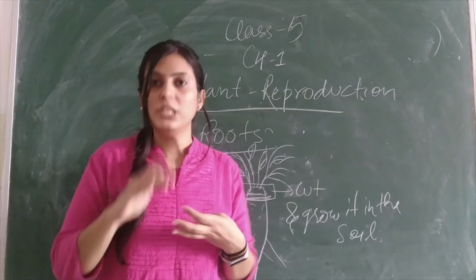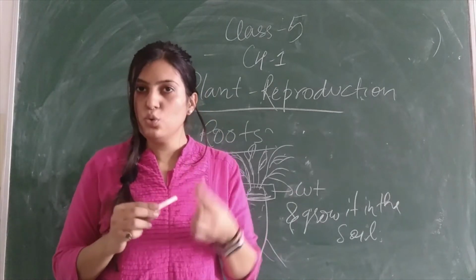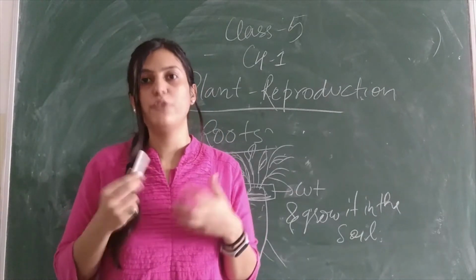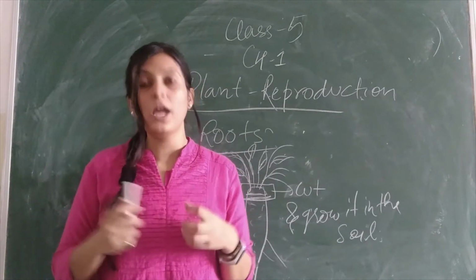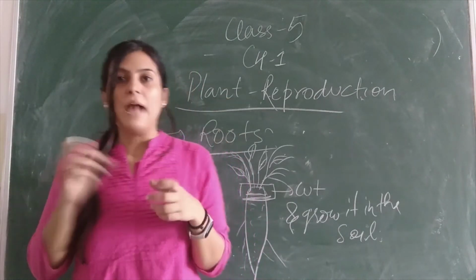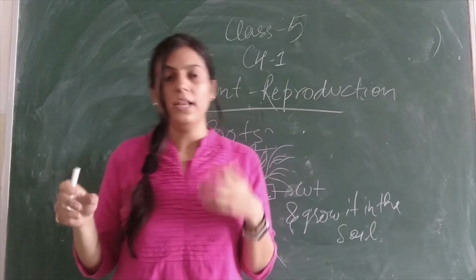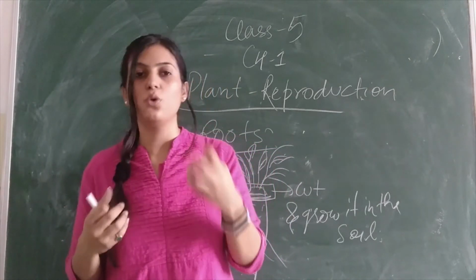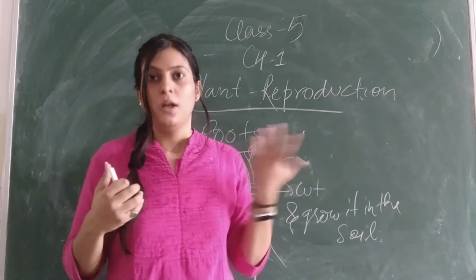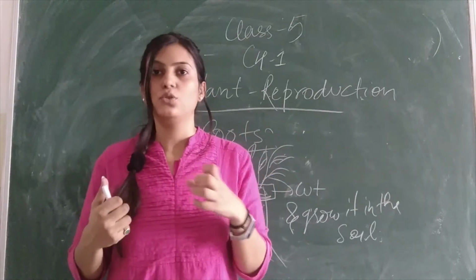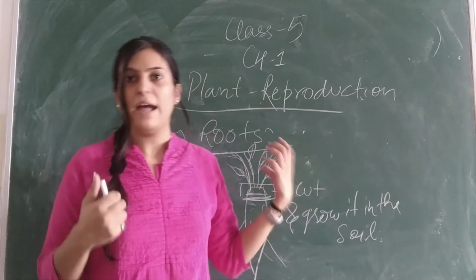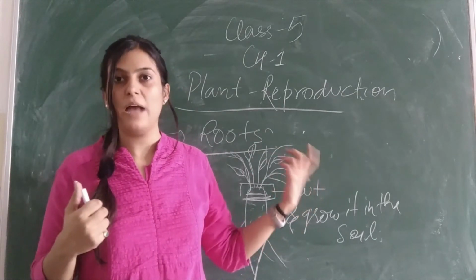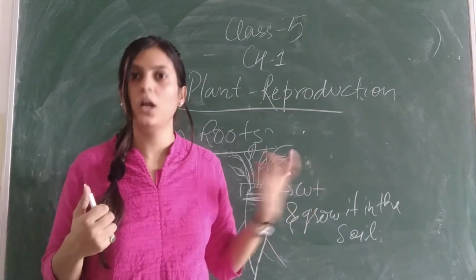After 2 or 3 days, you will see that roots will start coming out from that money plant. Afterwards you can plant it in the soil and you will see that the money plant will start growing. This is the method by which plants reproduce with the help of the roots.